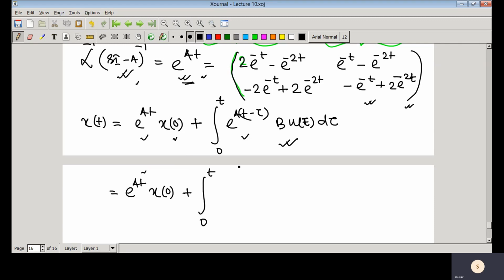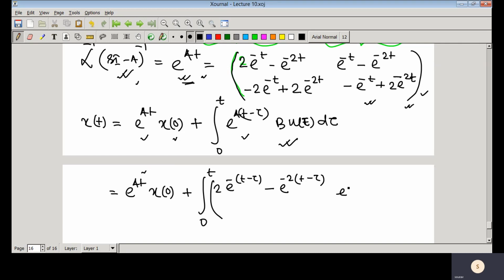So integral from 0 to t of e to the power A(t minus tau). That means this matrix would be 2 e to the power minus (t minus tau) minus e to the power minus 2(t minus tau).